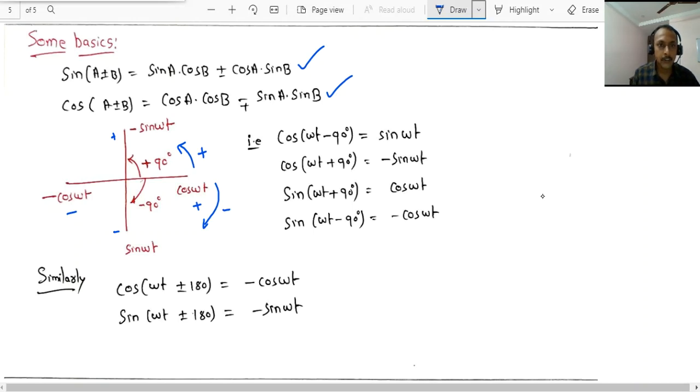Now, how do you remember this? Cos of omega t plus 90 will give you minus sin omega t. Cos omega t minus 90 will give you sin omega t.